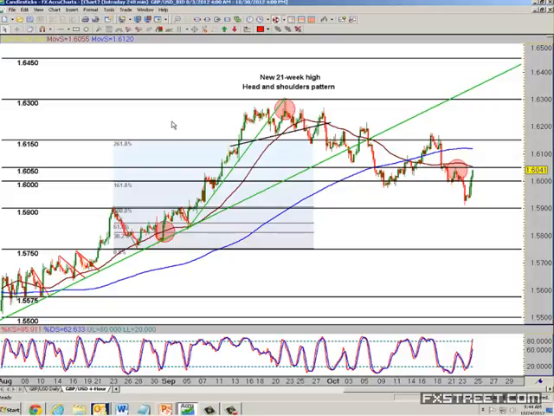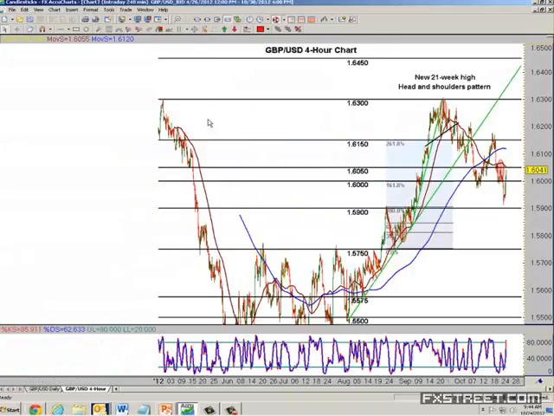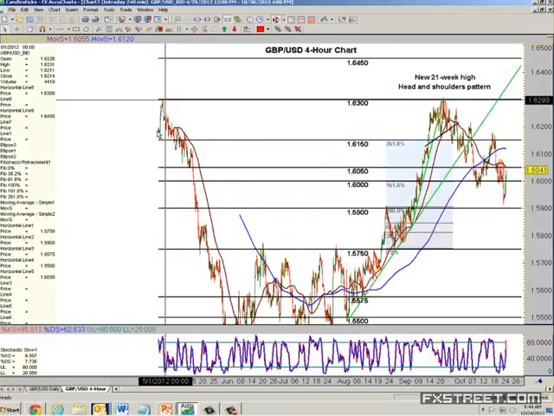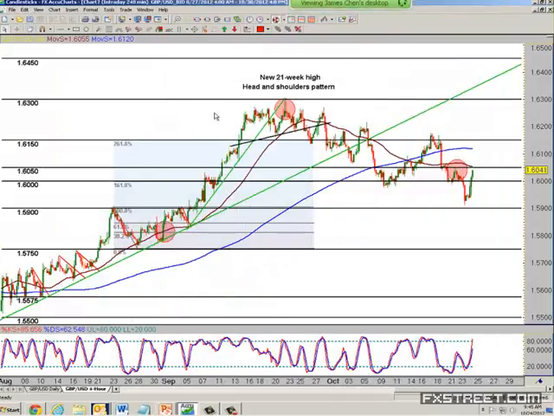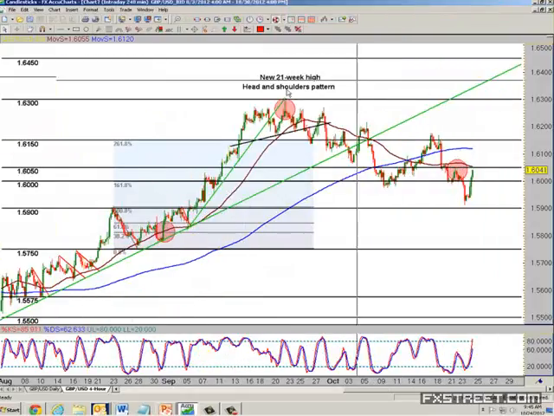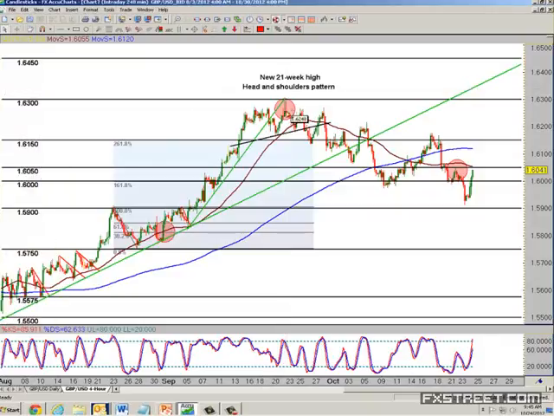So this is the pound dollar. We have here 163. Very key level. My charts don't go back that far on the 4 hour, but I have 163 as a key level right here. And then you come over here, and this was in September of this year, and we see key rejection.